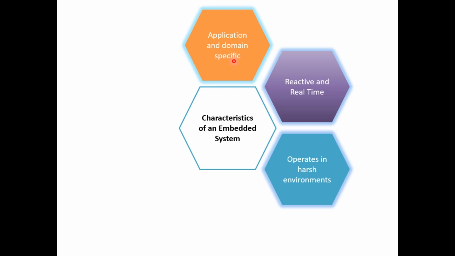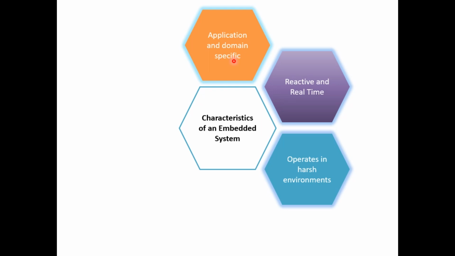If the system is being deployed in a high temperature zone, then whatever components you have used in developing this embedded system should be of high temperature grade, isn't it? It should be able to withstand that amount of temperature. Okay, it is going to be operated at 150 degrees Celsius, 200 degrees Celsius.